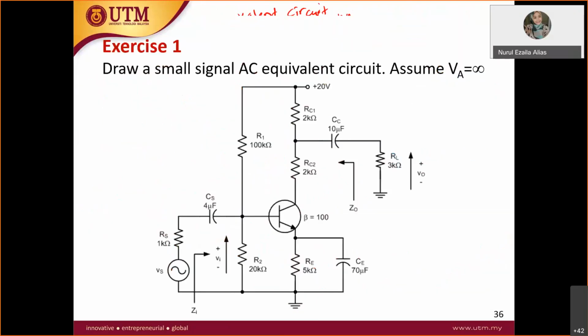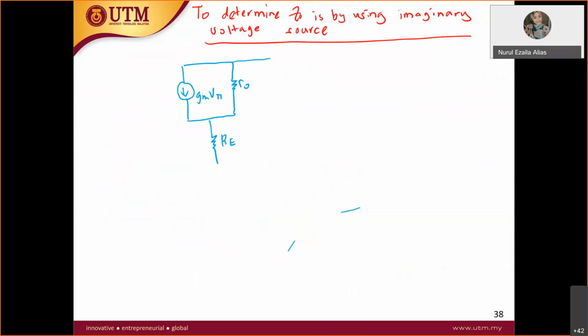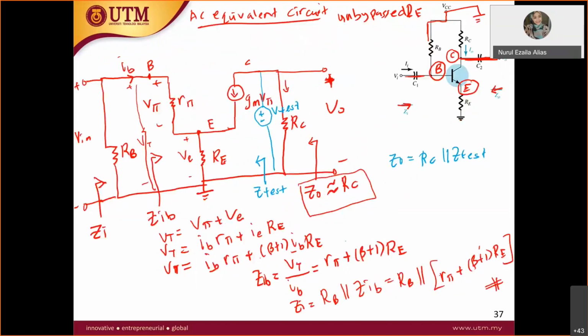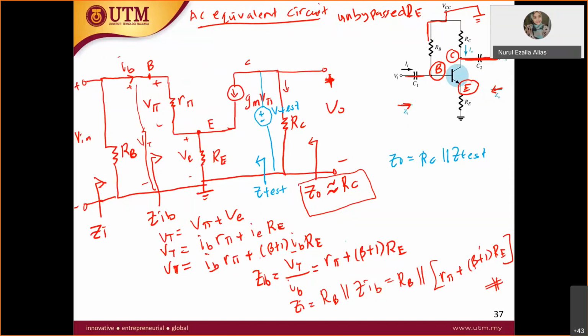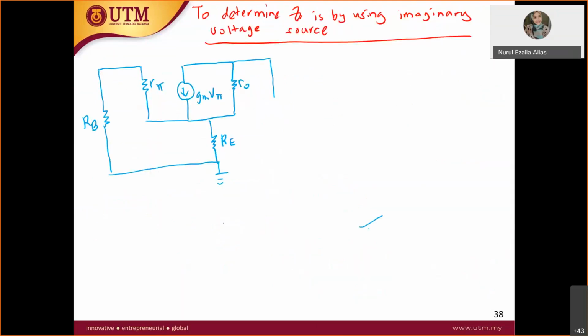After that, at RE, you have also the R pi at the input. And for this case, you have RB. Then I say we inject the imaginary voltage, which is V test.